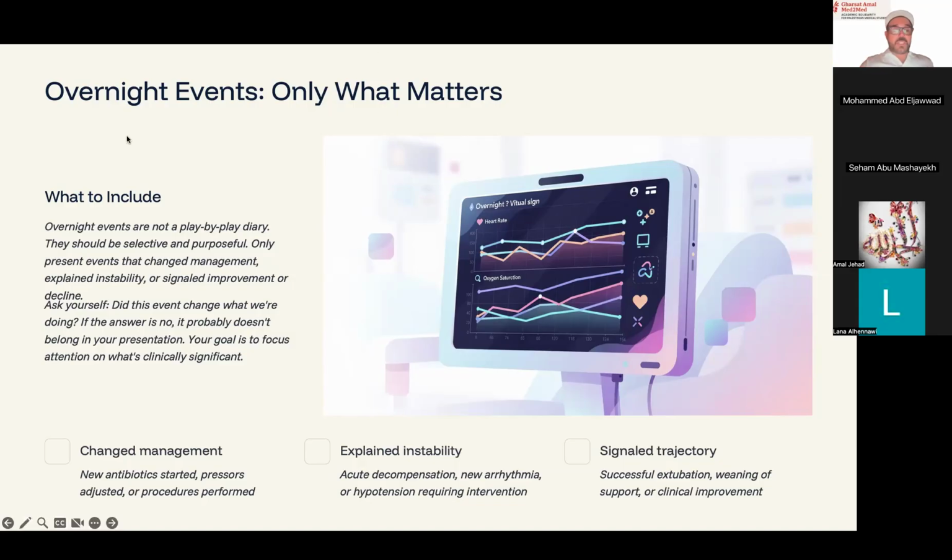And the second one is explain the instability. If the patient is not doing well, our job is to give it a description. What does not doing well mean? Is the pain worse? Is the patient less responsive? Is the blood pressure lower? Is the heart rate higher?